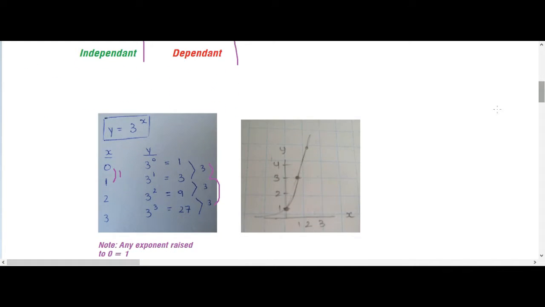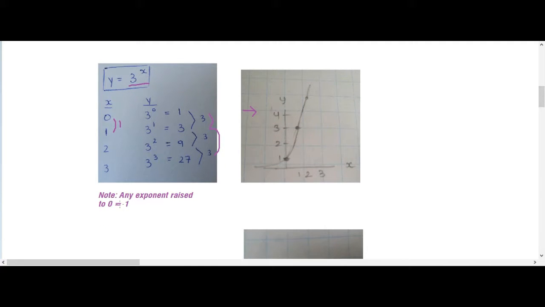This can be seen through the function y equals 3 to the power of x, where x is the exponent or variable that increases in increments of 1 each time, while y triples each time that the exponent is increased. This can also be seen through the graph where y triples each time that x increases by 1. Therefore, the value of y is dependent on the value of x.